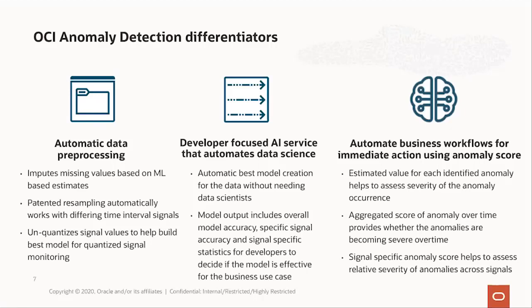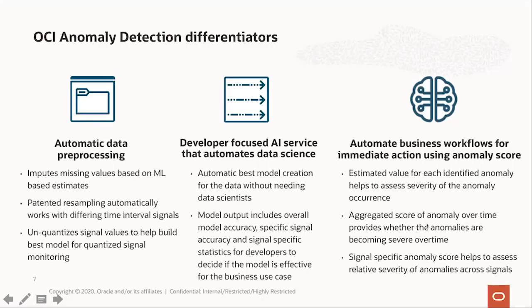Based on that they assign a severity between 1 to 5, and then automate what downstream action needs to be taken. For example, if it's a high severity, assign a technician; low severity, raise a warning but continue to observe. Those kinds of downstream business workflows are what our customers do with this output for every anomaly that we identify.